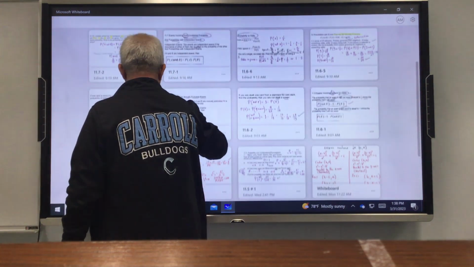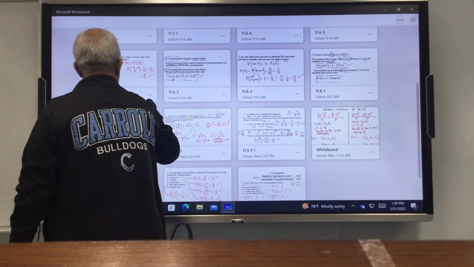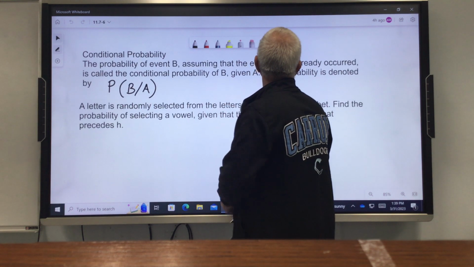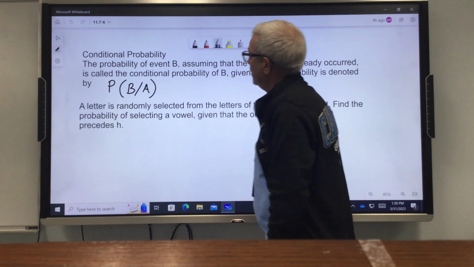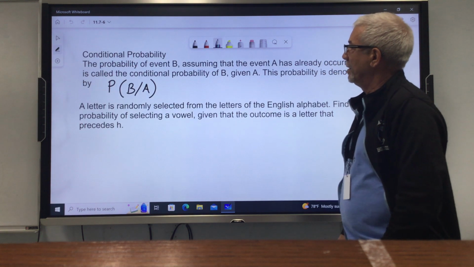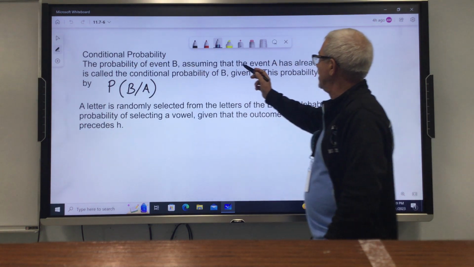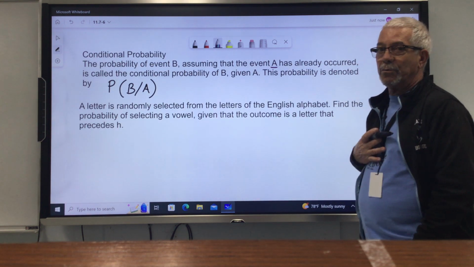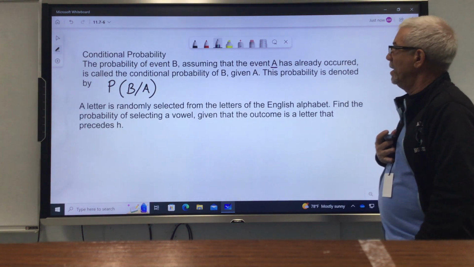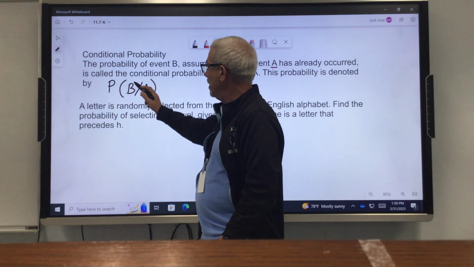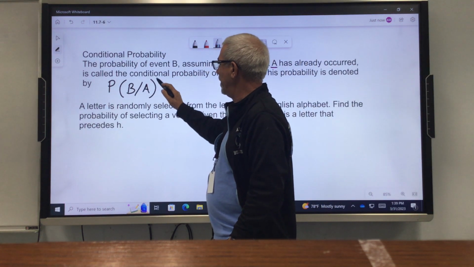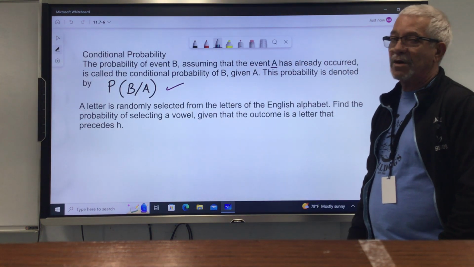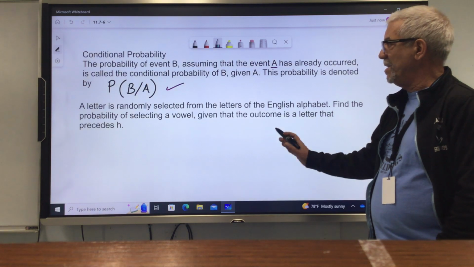Conditional probability is the probability of B, assuming that the event A has already occurred. We call that probability P(B|A). Okay, like this. That is the notation that we use for conditional probability. And let's see an example.